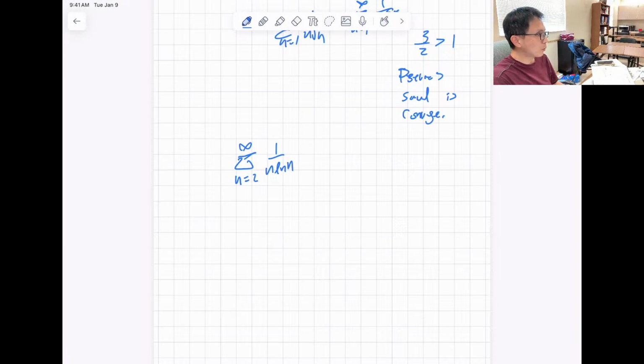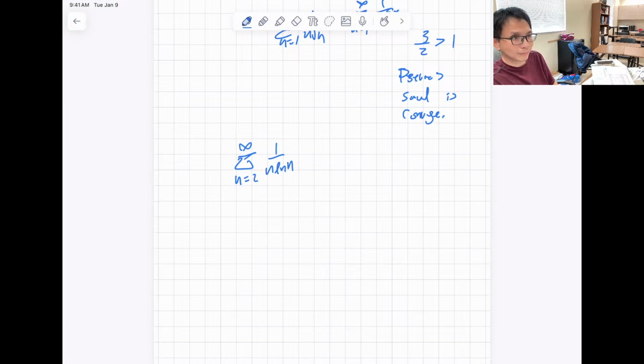Now there's a reason why. Why do you think they start at n equal to 2 here? ln 1 is 0, so it's undefined. So now should your improper integral start at 1 or start at 2? 2, and that's it. And then you're gonna get diverge.